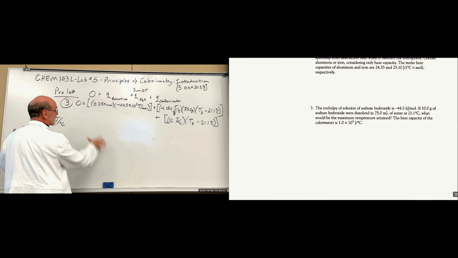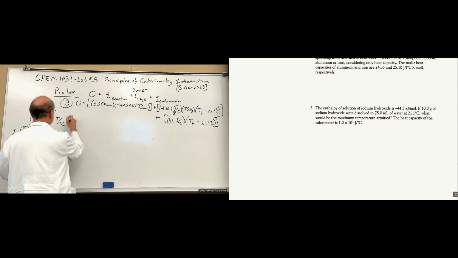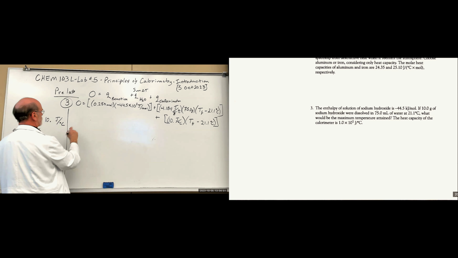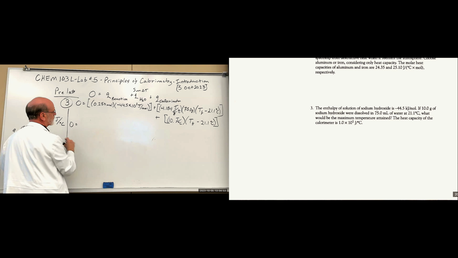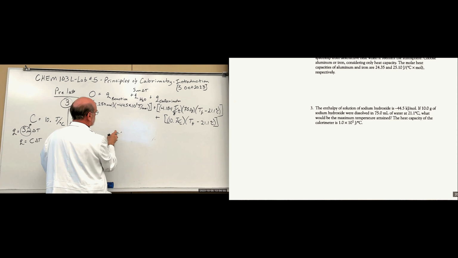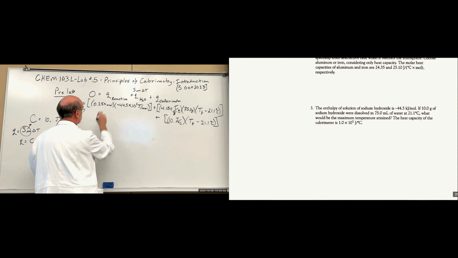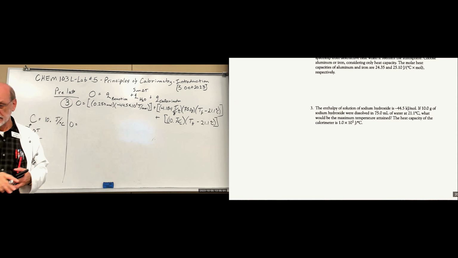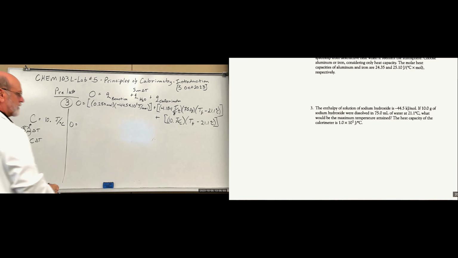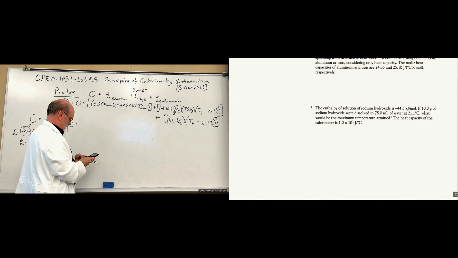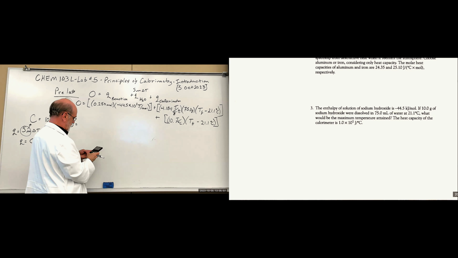All right. So now we just have to reduce this to its simplest form. We have this one times that one, which will be the Q for the reaction. 0.25 times 44.5 times 10 to the 3, change the sign.